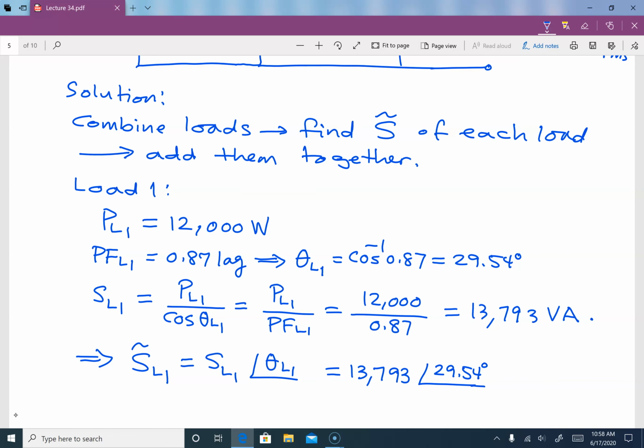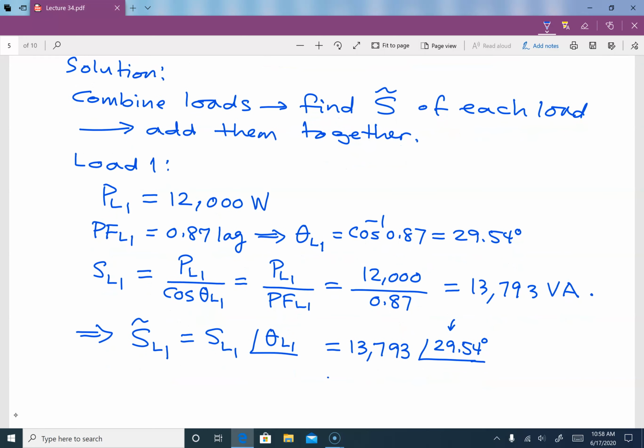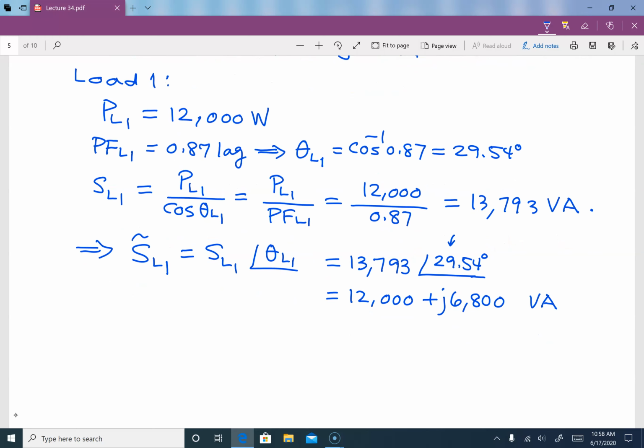And you see, because it is lagging, for the complex power our angle is positive. And in rectangular form, this is equal to 12,000 plus j6,800, and that is in volt ampere. So this is our SL1.